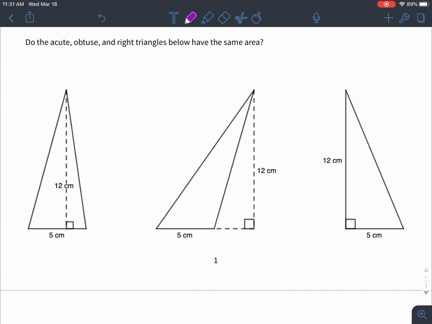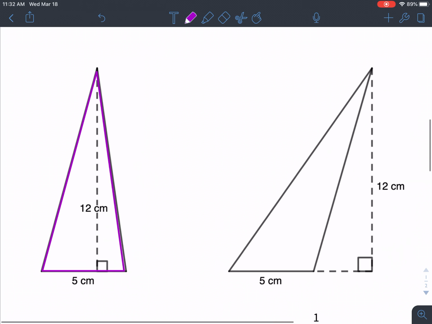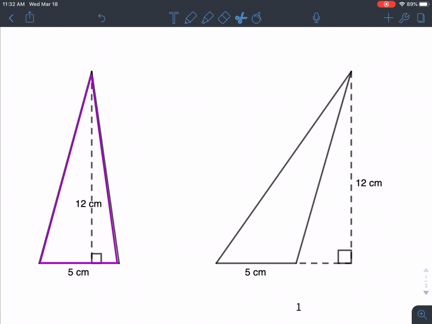You may know a formula for the area of a triangle, and that might help answer this question for you. But we're just going to investigate a little bit and see where that formula comes from, and if that answers our question for us. I'm going to draw out the 3 segments of this triangle on the left, this acute triangle.